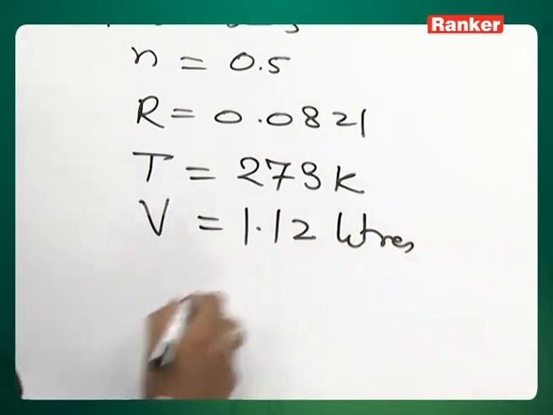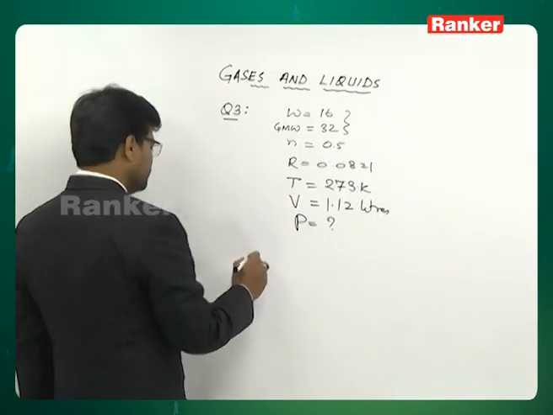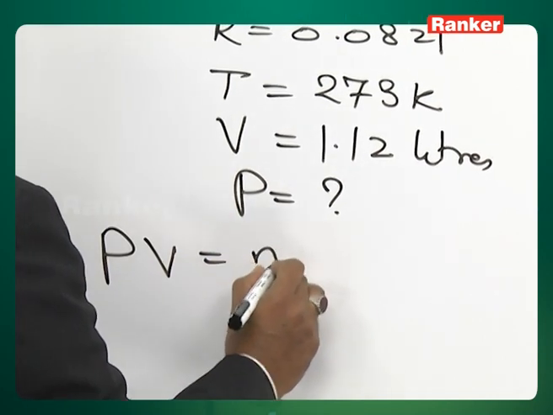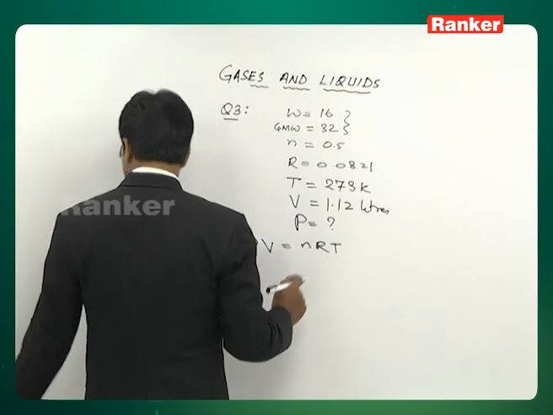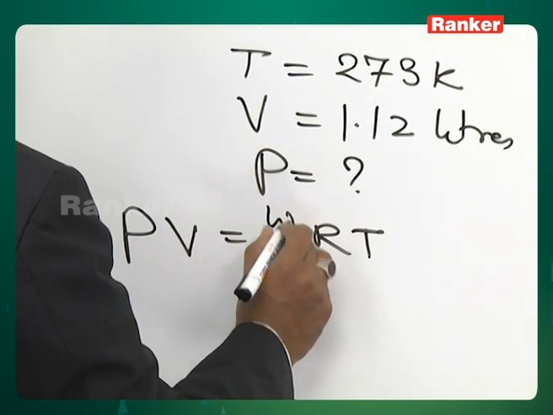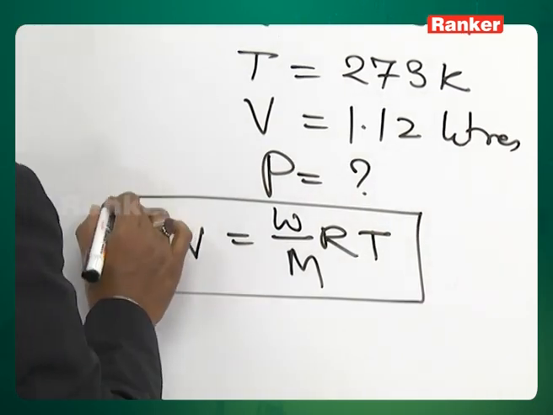Now you are asked to find out pressure. So you can use this formula, PV equals nRT. n can be replaced by weight by gram molar mass. So this is the formula you are going to use.